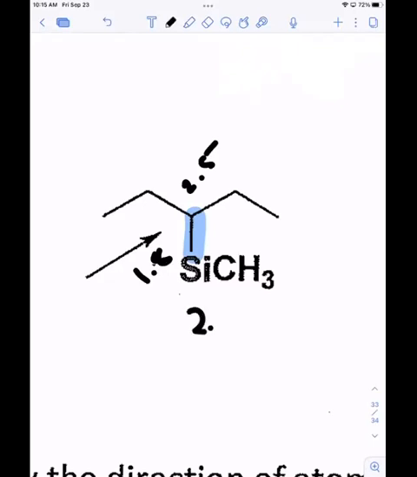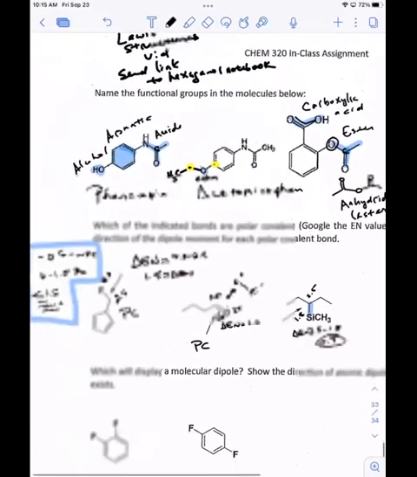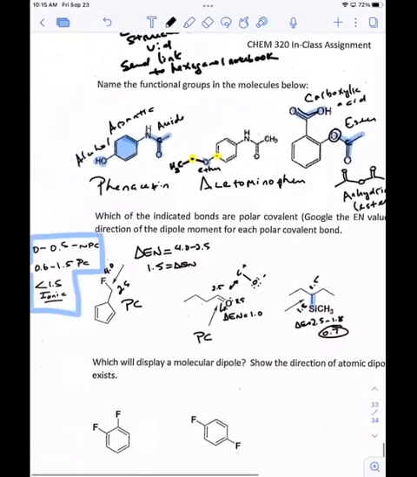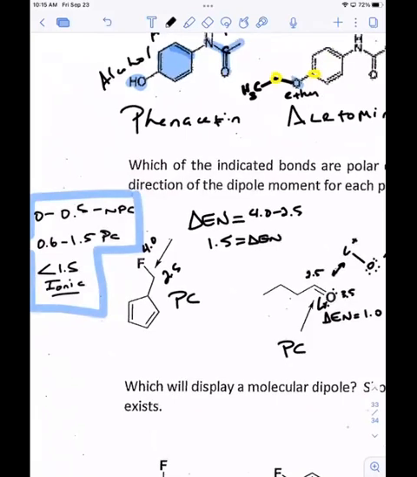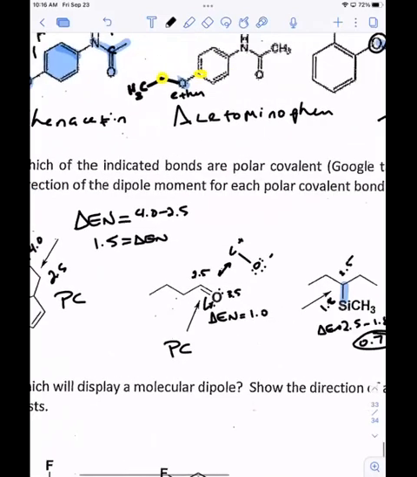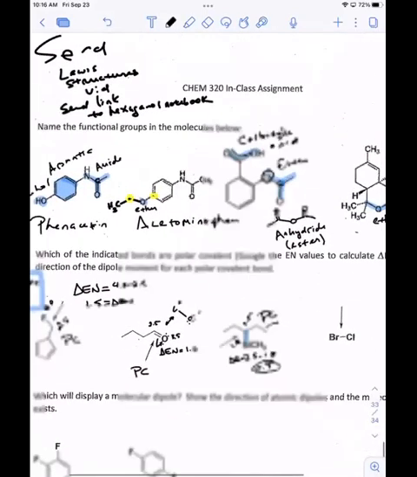So that's 2.5 minus 1.8, which is 0.7. So that also would fall into that category of polar covalent. Is that right? It's from 0.6 to 1.5. We'll say that's also polar covalent.